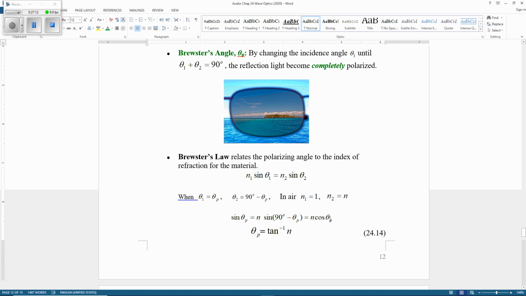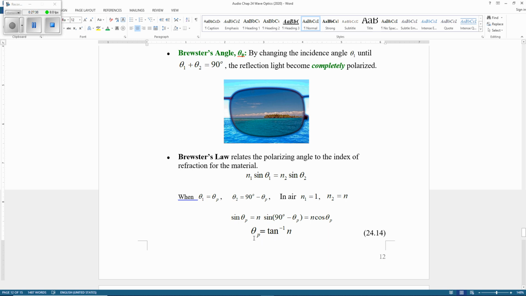Now if we divide both sides by the cosine term, sine divided by cosine gives you tangent. So sine theta p divided by cosine theta p gives you tangent theta p. Tangent theta p equals n.